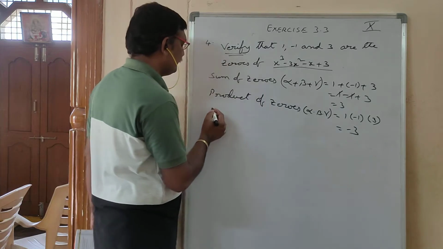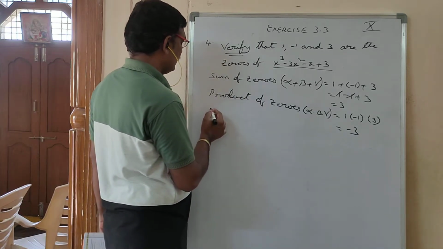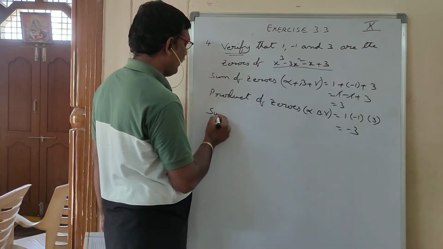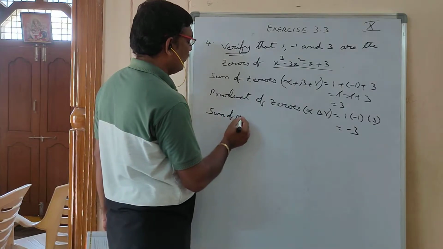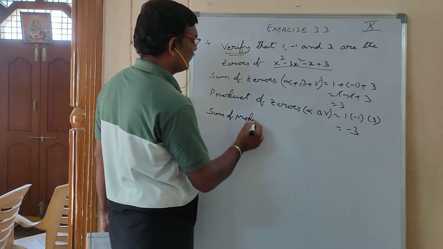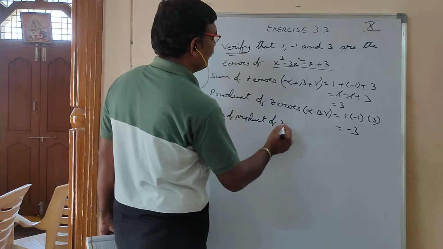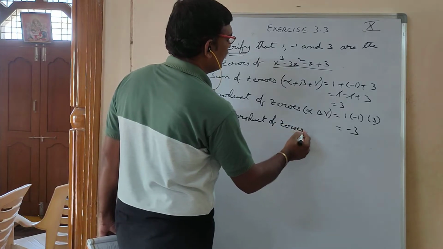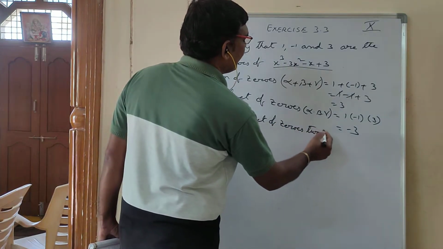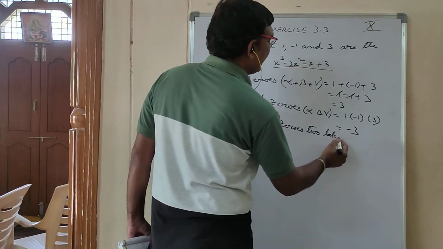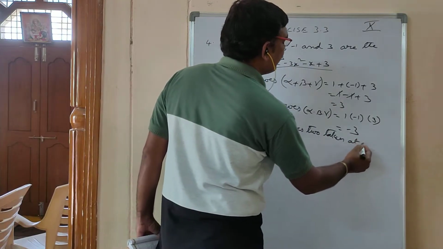Next, what you have to do? Sum of product of zeros, 2 taken at a time.